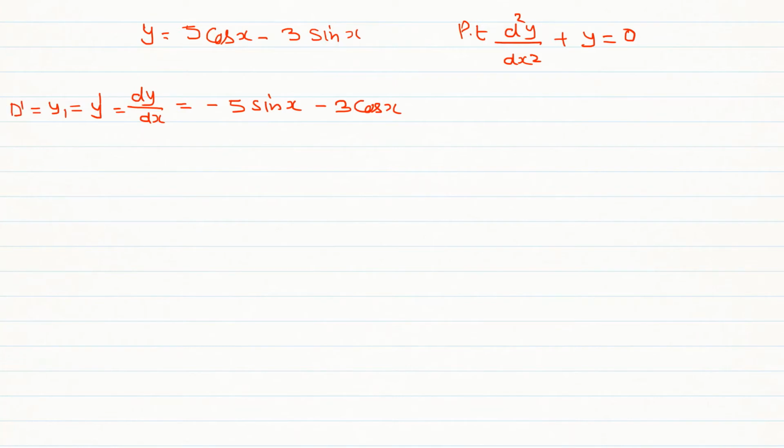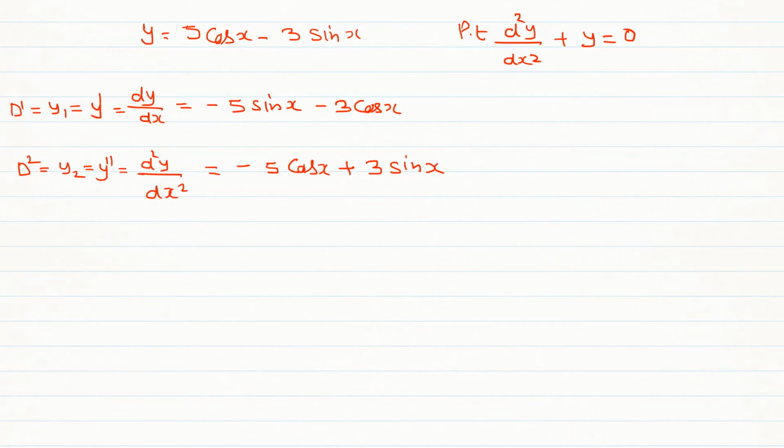Now finding the second derivative, which will be d2y upon dx square, will definitely be minus 5 times cos x and plus 3 sin x, because the derivative of sin x would be minus cos x. Again, this can be written as y double prime, or y2, or d2. So these are the different notations in which the questions can be asked in the exam.